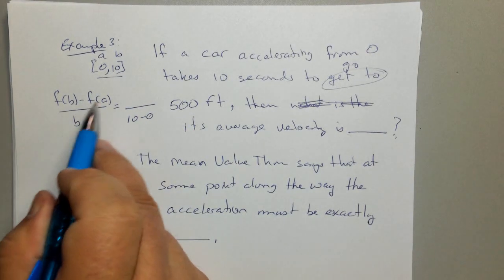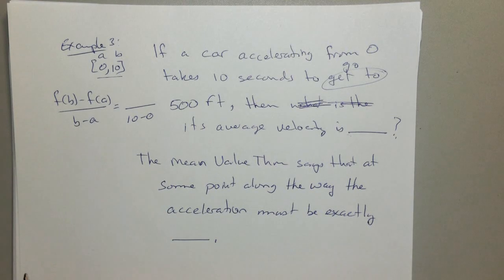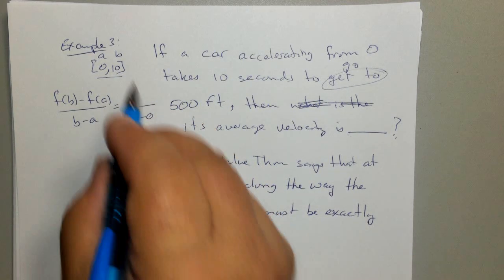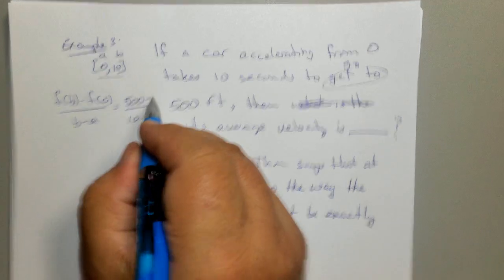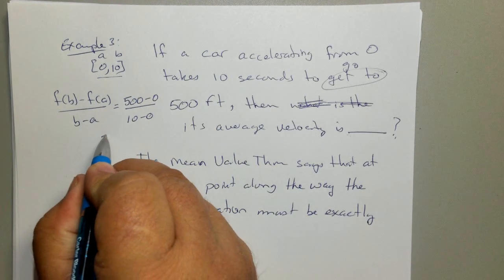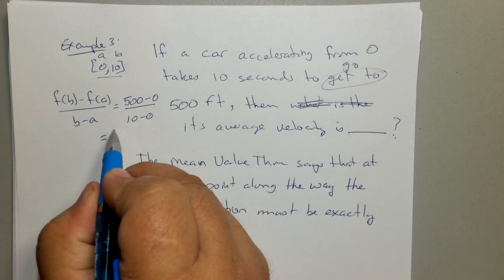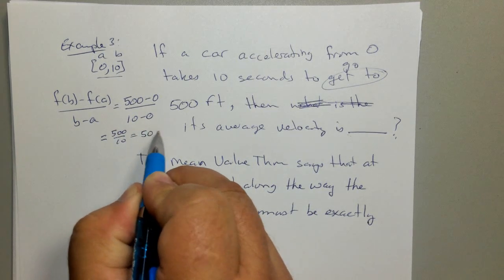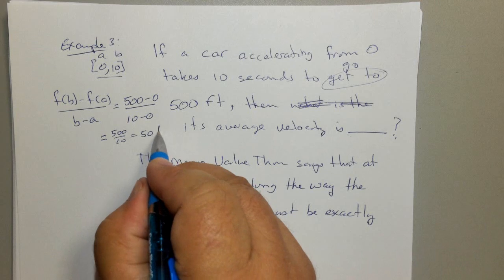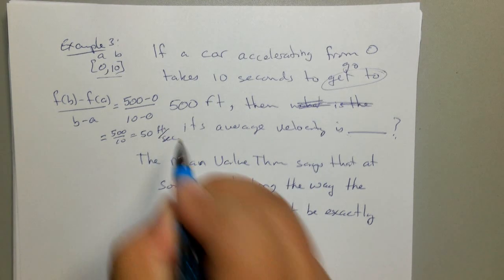So what's f of B? What's f of A? F of B is where it finishes. F of A is where it starts. So we have 500 divided by 10 is 50 feet per second.